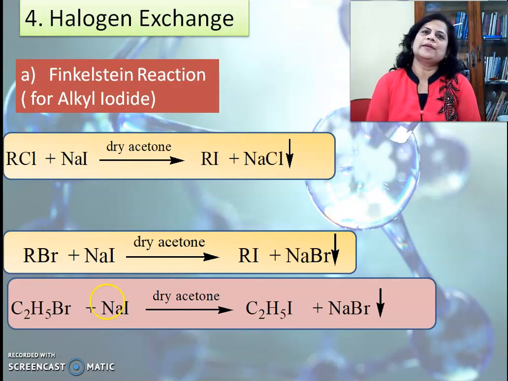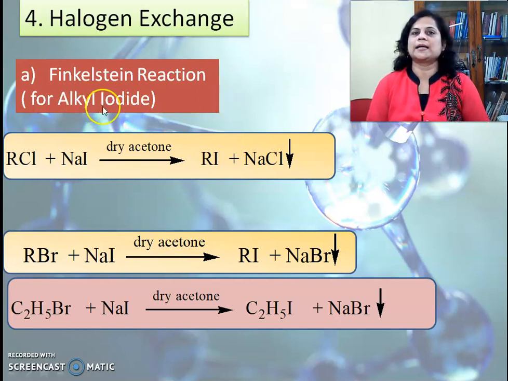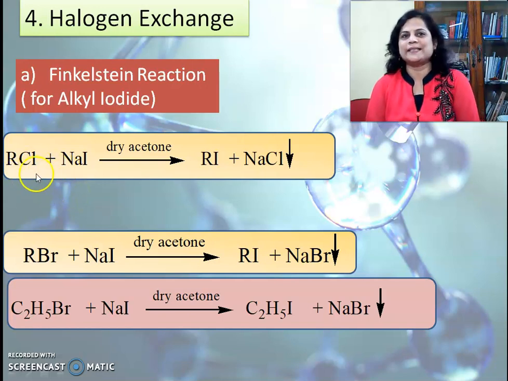The next type of reaction is the halogen exchange method. In that method, we are using two reactions. The first one is the Finkelstein reaction. That method is used only for the preparation of alkyl iodide. So for alkyl iodide, alkyl chloride or bromide are used as the reactant.